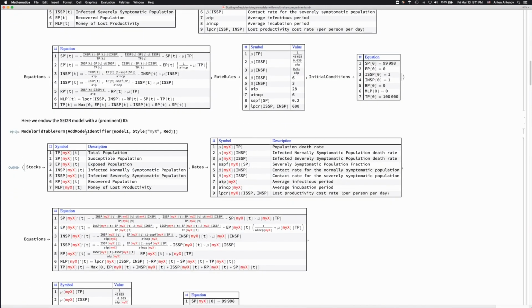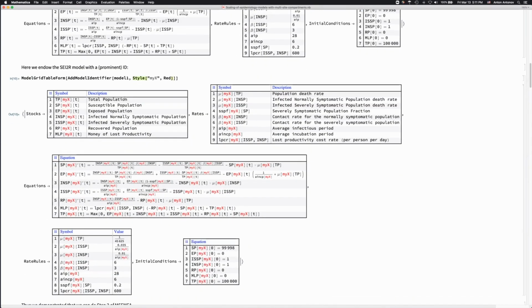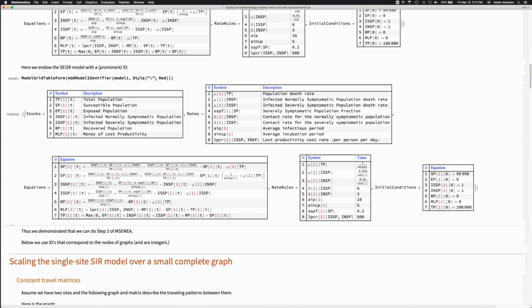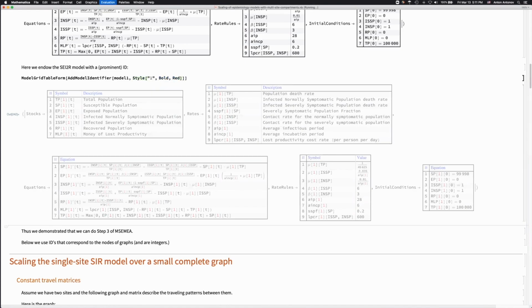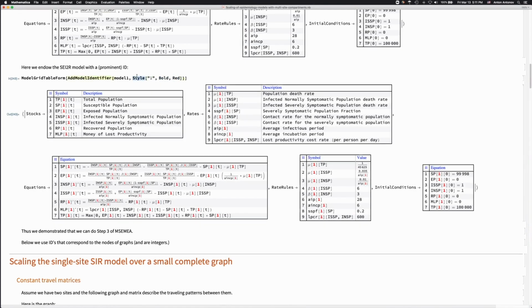I have a function, add model identifier, and I can add a model identifier, and then I have a copy of this model. If I put something else, like say 1, obviously, it can be taken. I'm having another copy. In my examples below, I just use integers, like this.